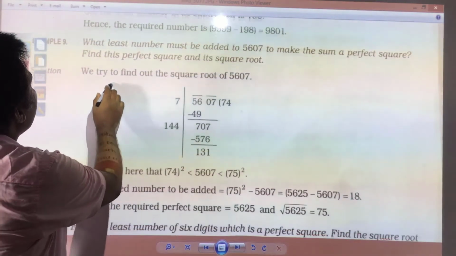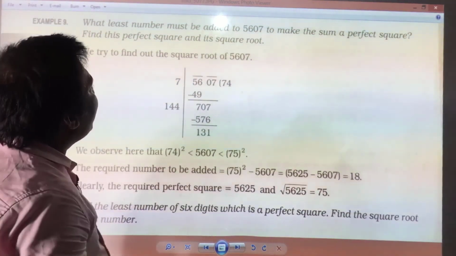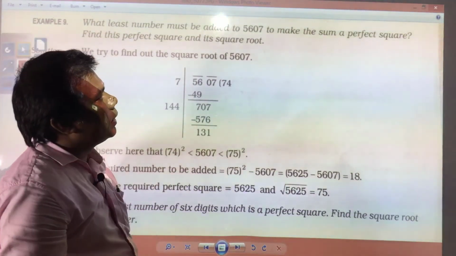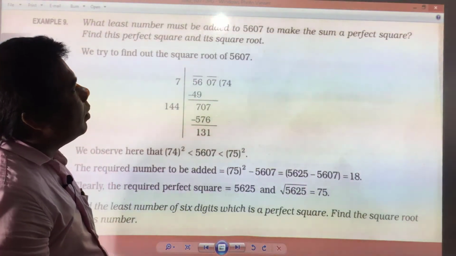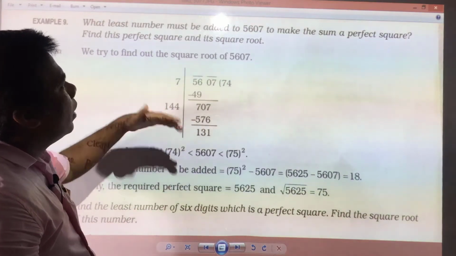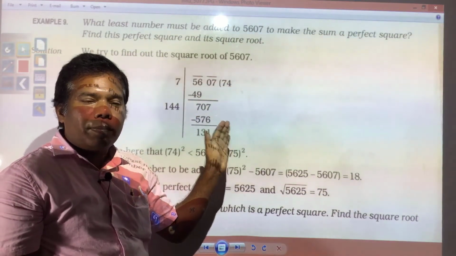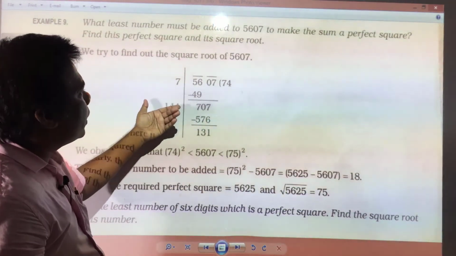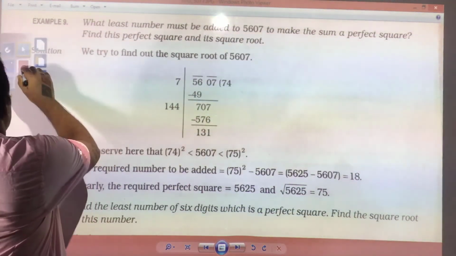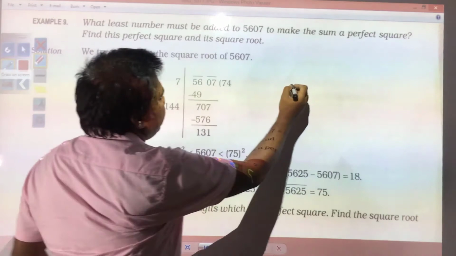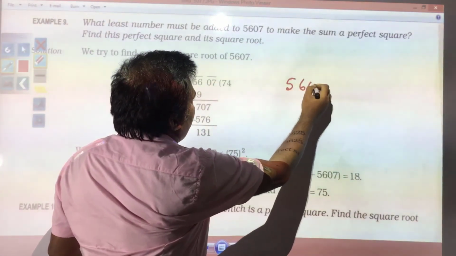Then you have: what least number must be added to 5607 to make the sum a perfect square? In the previous question you had what number is required to be subtracted; here you have what number is required to be added. So, here you see how we will solve this. 5607 you have.